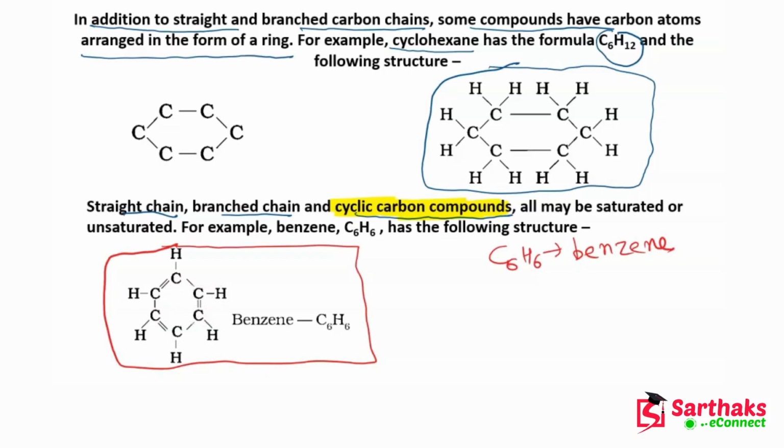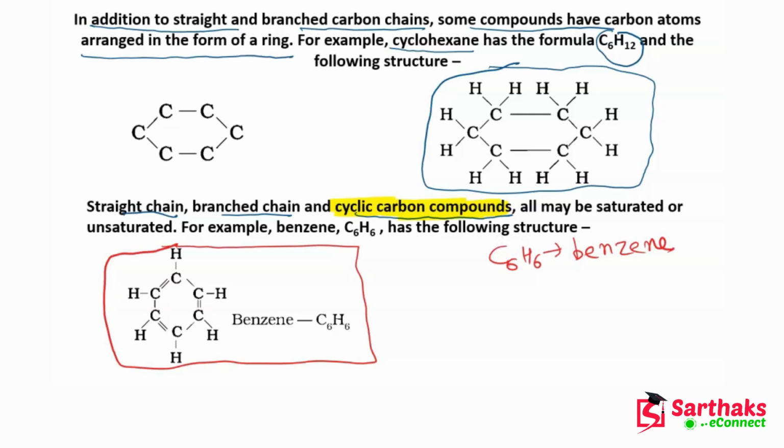Then the remaining valencies will be satisfied by adding hydrogen. So 6 hydrogens will be attached: 1, 2, 3, 4, 5 and 6. This is the structure of benzene. Now guys, this is an unsaturated cyclic carbon compound. Why?